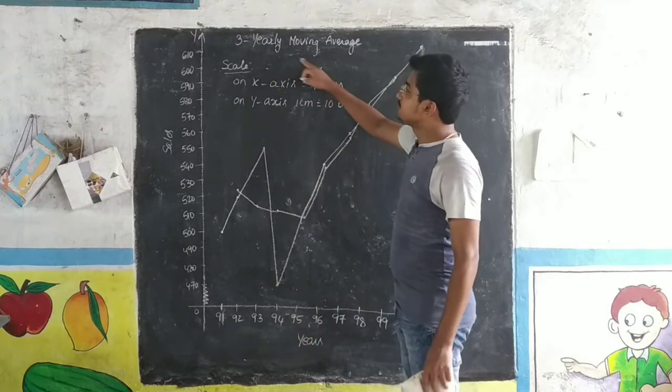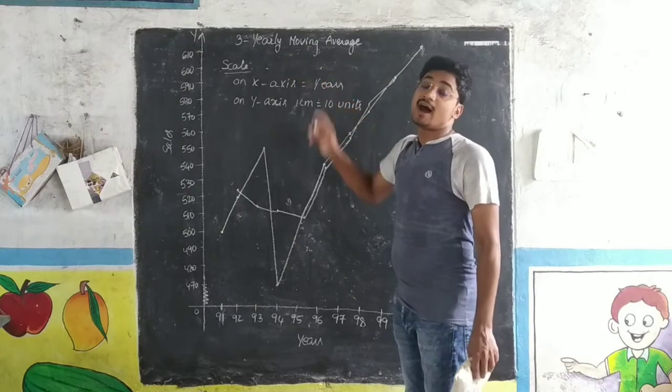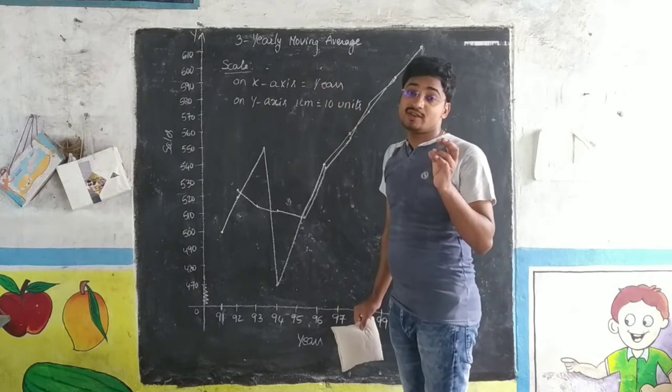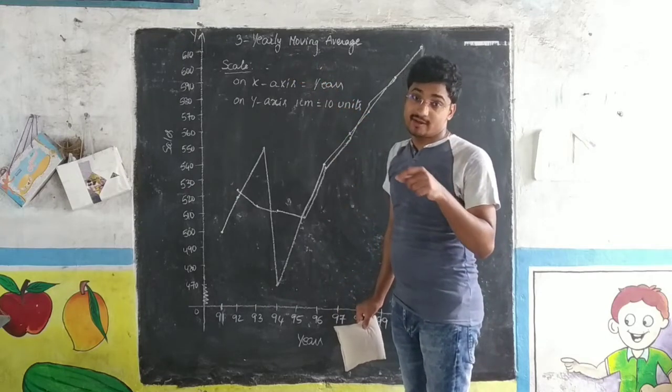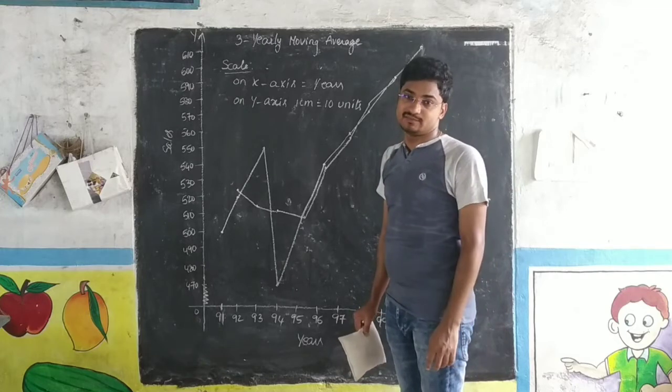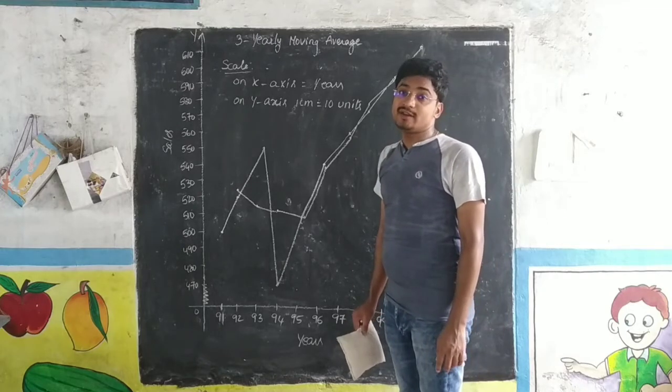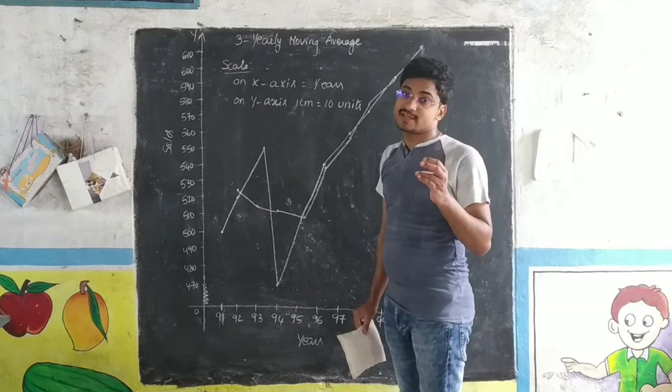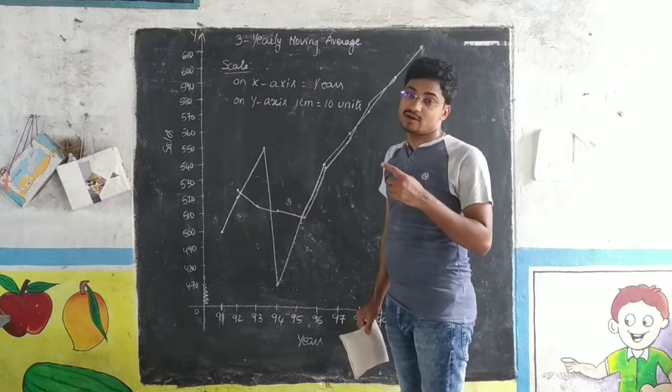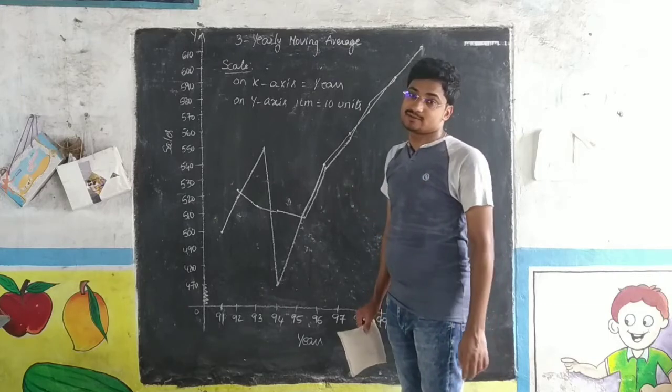Odd numbers start from 3, 5, 7, 9, 11 in the moving average method. Even numbers start from 4, 6, 8, 10, 12 and so on in moving average.